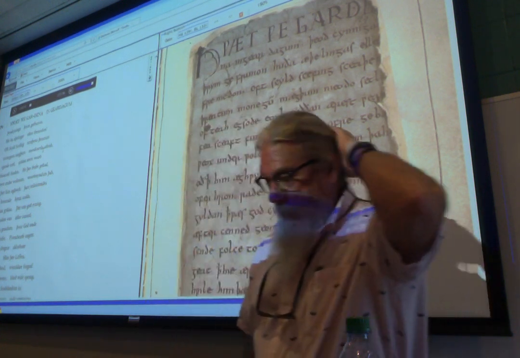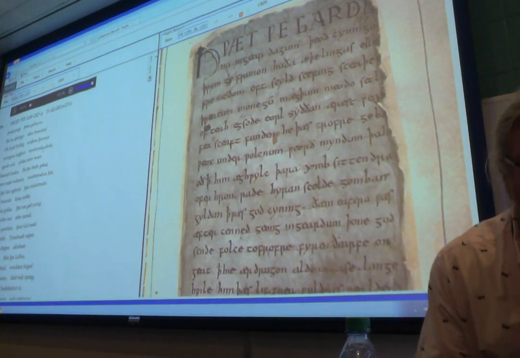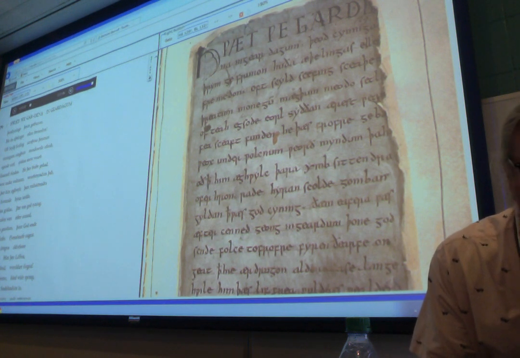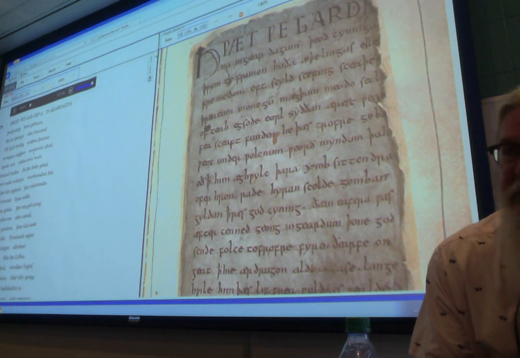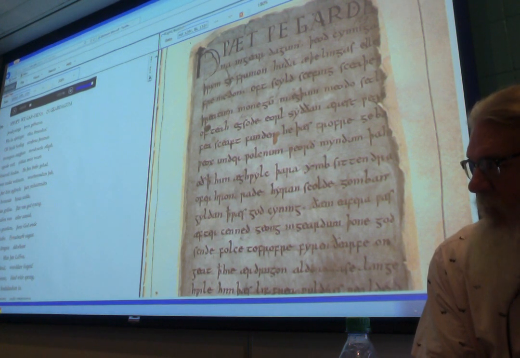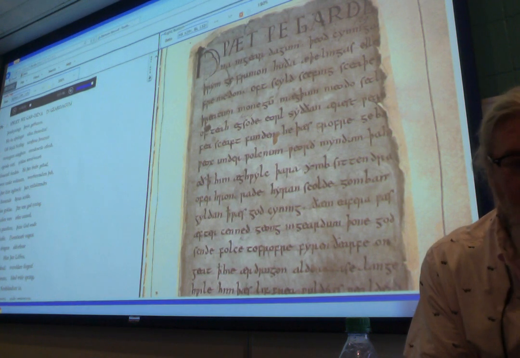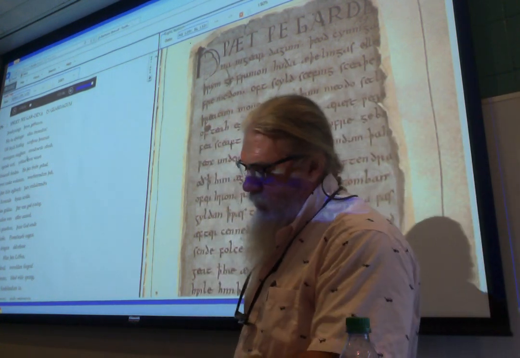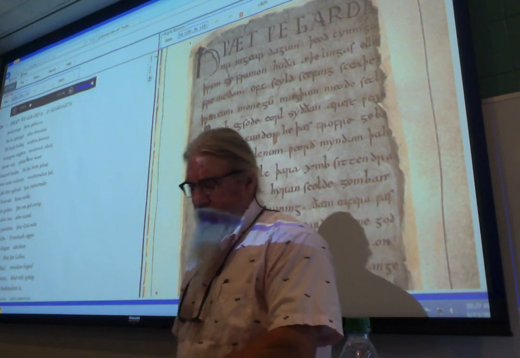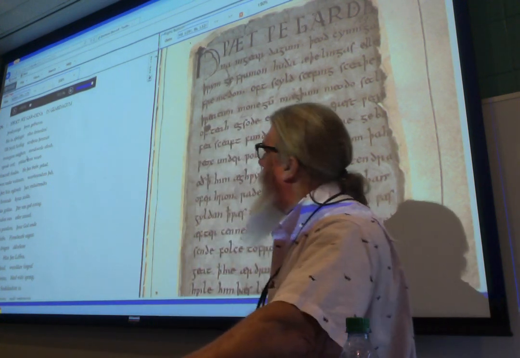He did what? Seized the mead benches, okay? This is the seize the mead benches. From many tribes, troops of enemies struck fear into earls.